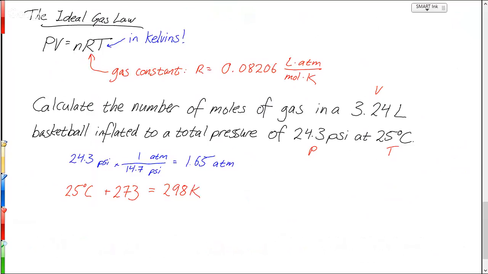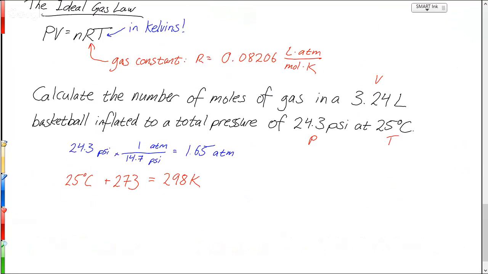All right, now we've got everything in the units that we want. We can solve for moles. So our equation is PV equals nRT. We can rearrange that to n equals PV over RT. Do a little algebra, and then plug in the quantities that we just got.